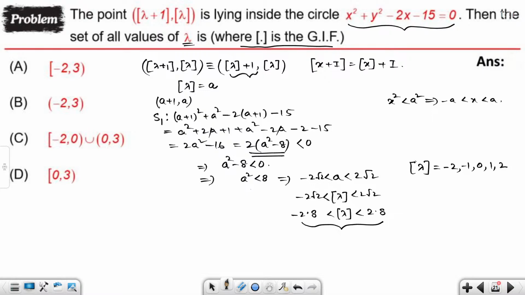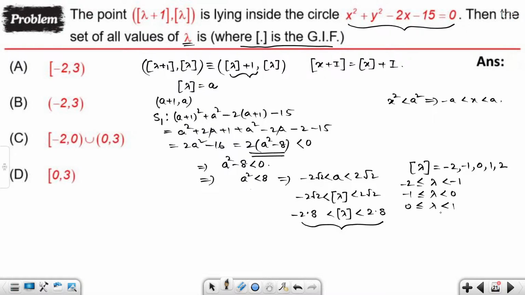So when box of lambda is minus 2, your lambda is lying between minus 2 and minus 1. When box lambda is minus 1, your lambda is lying between minus 1 and 0. When box lambda is equal to 0, your lambda is lying between 0 and 1.